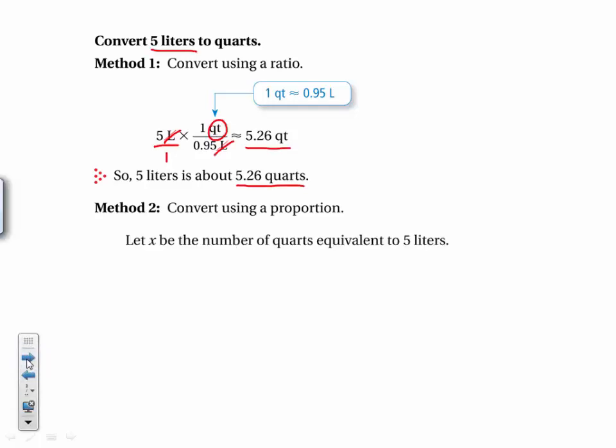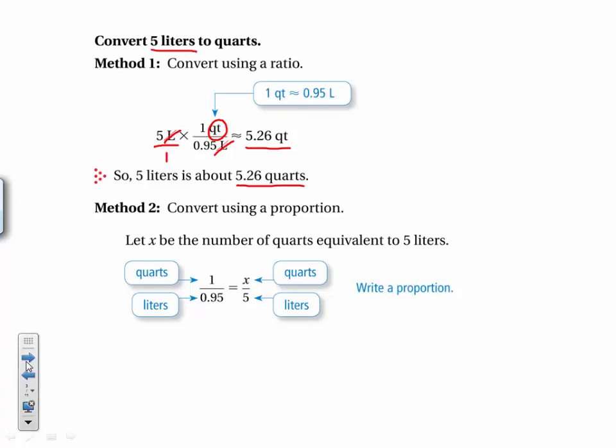We're going to let x be the number of quarts that we don't know. Since we don't know how many quarts are equal to 5 liters, that's going to be our variable, x. Then we just set up a proportion, and you had a whole lesson on writing proportions. We set up our conversion ratio, the one we were given, as a fraction, putting quarts on the top, 1, and liters on the bottom.